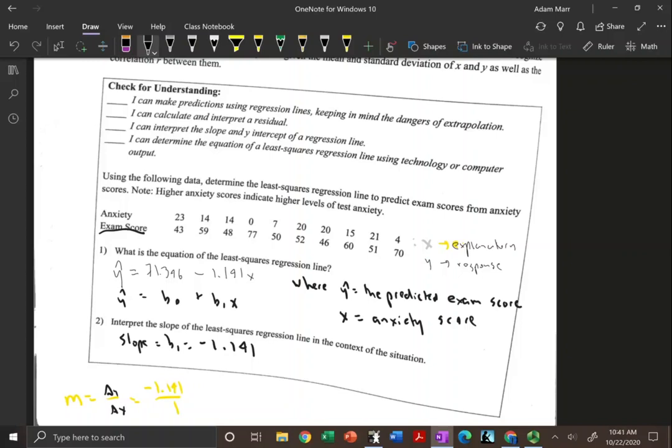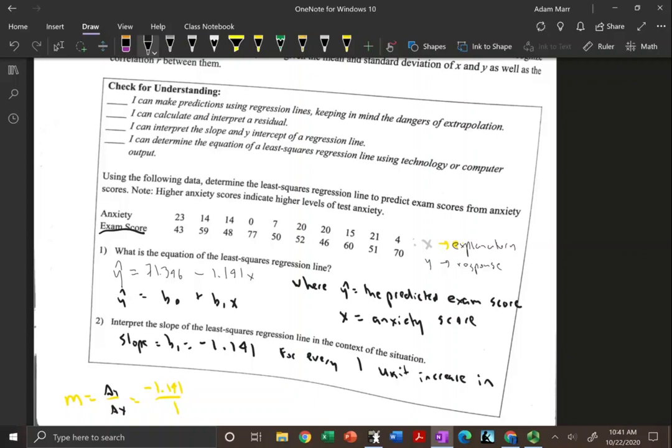You start with the change in x, and x is the anxiety score.